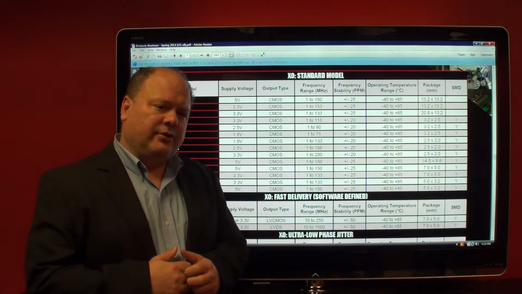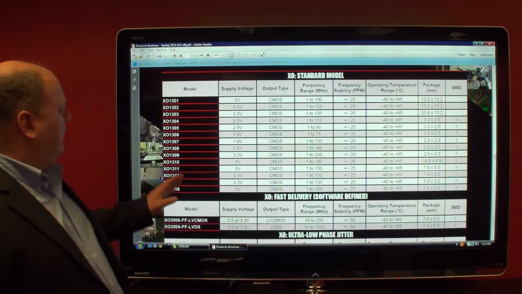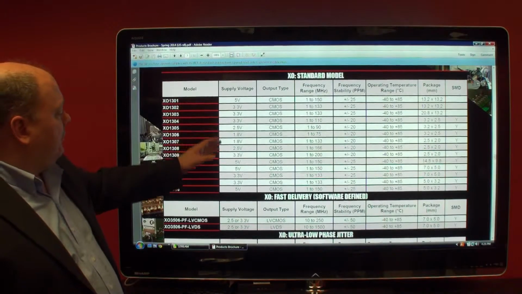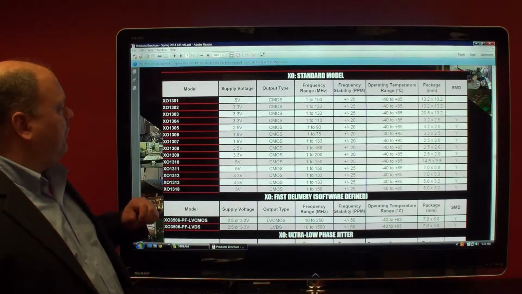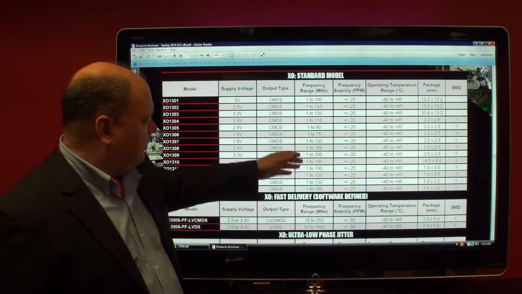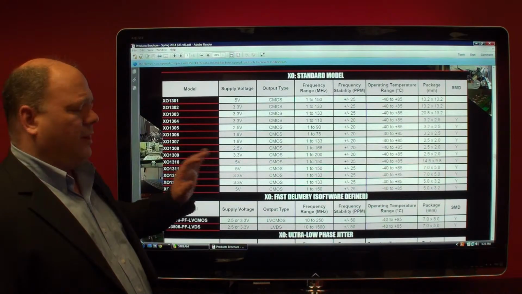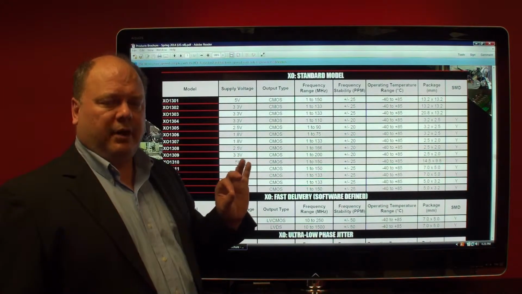Fast delivery versions or very low phase noise. But we do have a number of general models, 1.8 volts, 2.5 volts, 3.3 volts, CMOS output generally, 1 megahertz to 200 megahertz generally. And again, these are very, very low cost, sub $1 type parts.